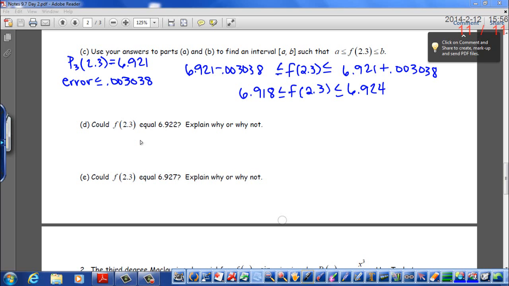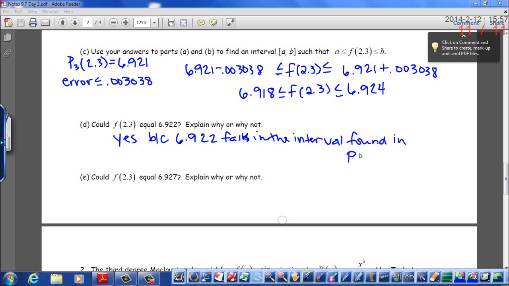Okay, so on part D, could f of 2.3 equal 6.922? Explain why or why not. Well, yes, absolutely, because f of 2.3 falls in between these two numbers, and 6.922 falls in the interval found in part C. Could f of 2.3 equal 6.927?